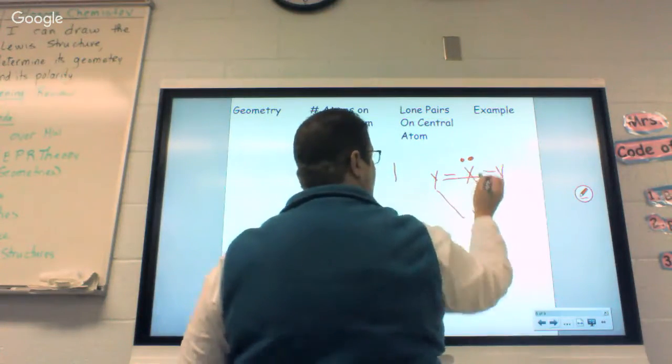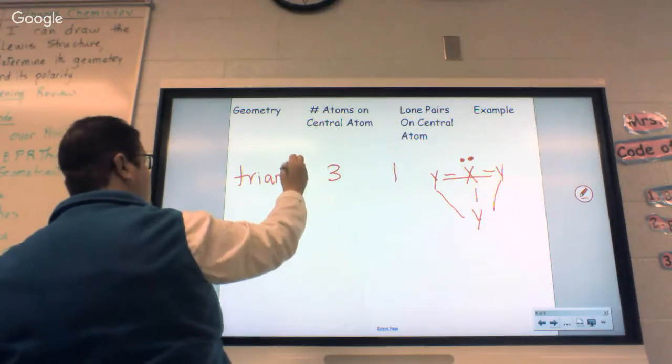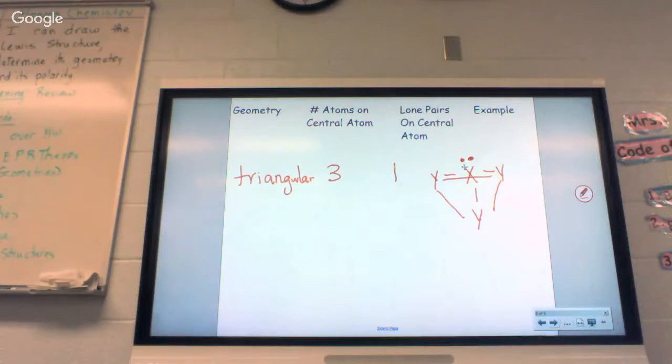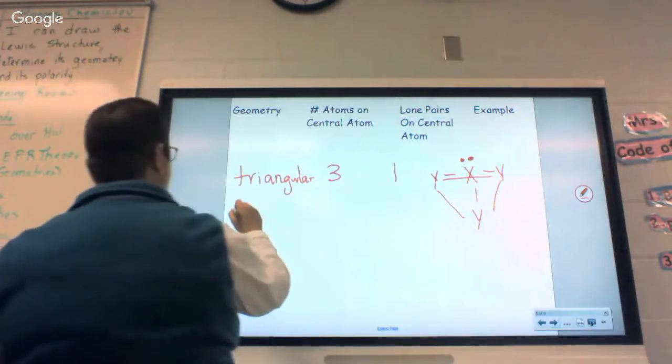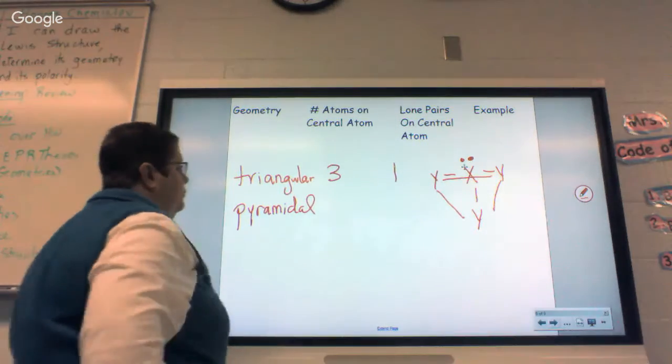That's right. When you connect it, you get a triangle shape, so triangular. And this time you only have one lone pair. So triangular pyramidal. If you want to sound really smart, you can say pyramidal.